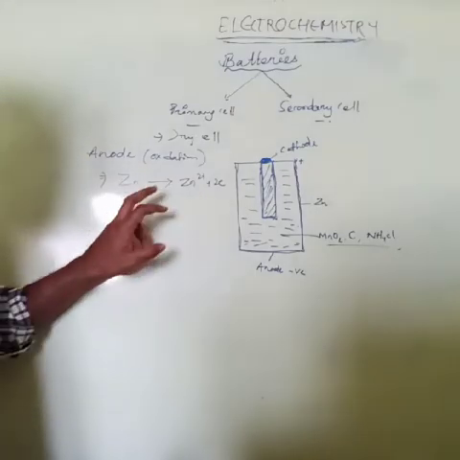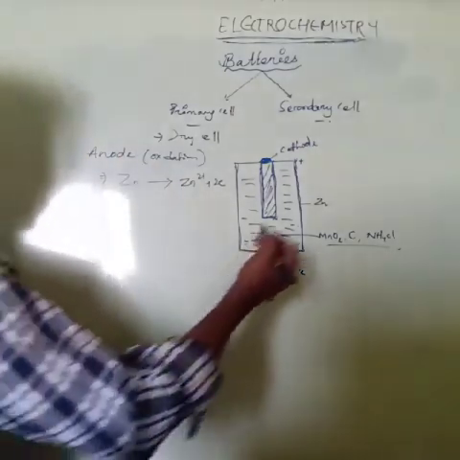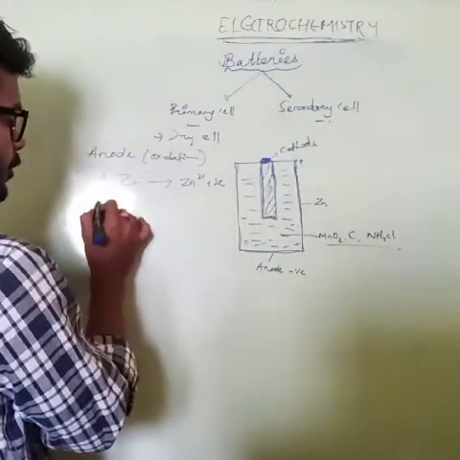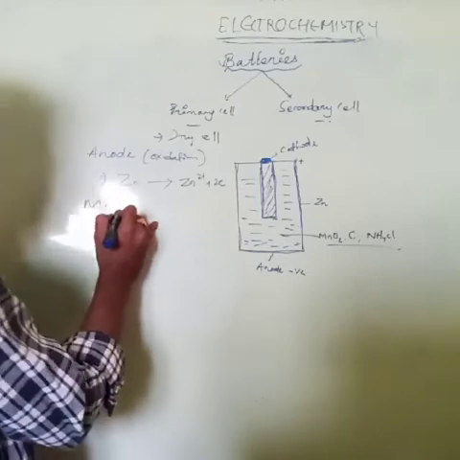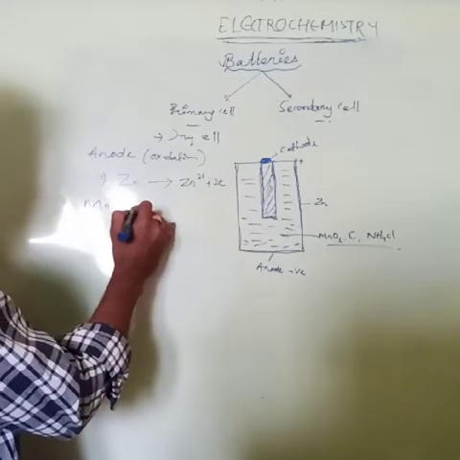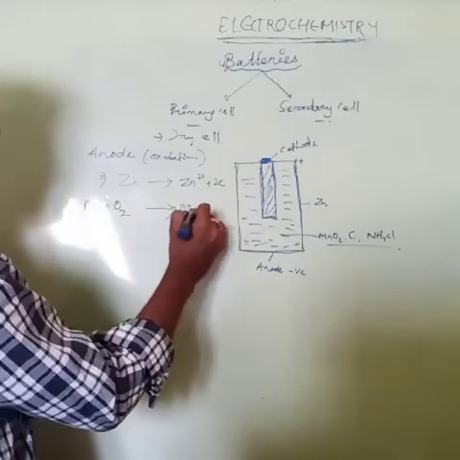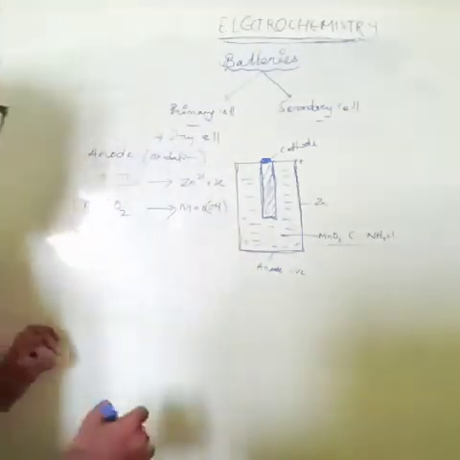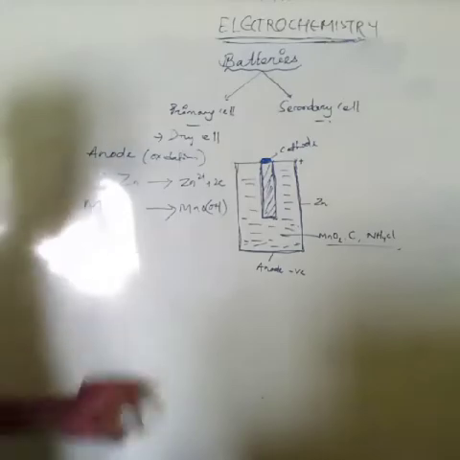And what will happen in reduction, or at the cathodic end? MnO2 gives MnOOH, manganite. How will it give?